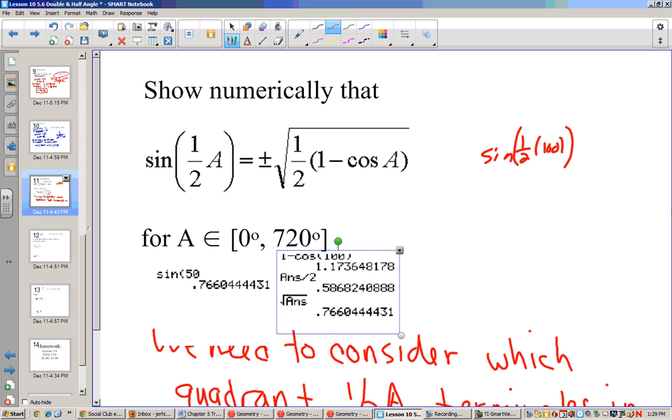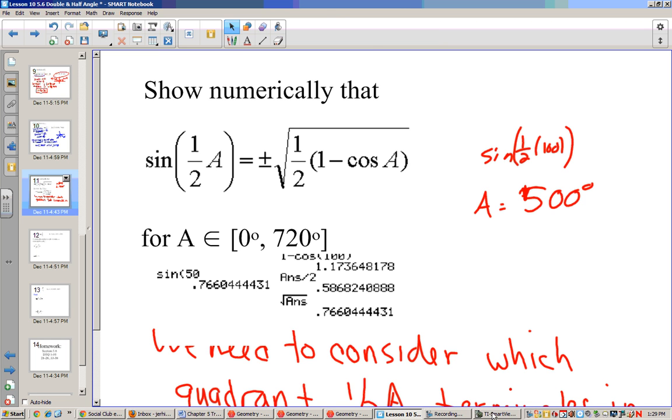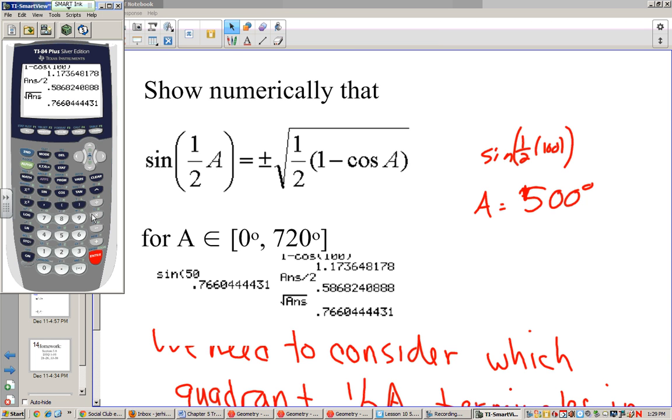Now let's do it for a bigger value. Let's say if my A was 300. Or actually, let's do sine of 500. So if I take the sine of 500, half of that would be 250.